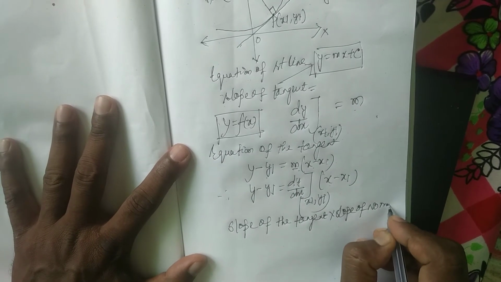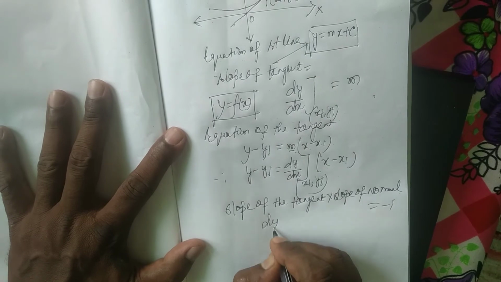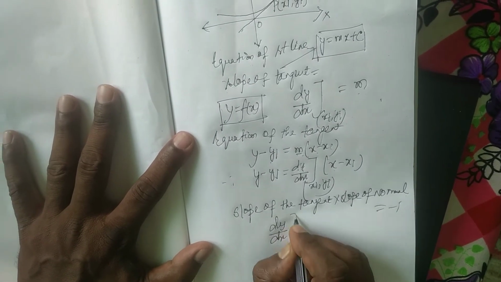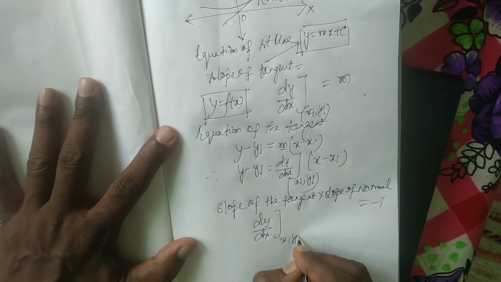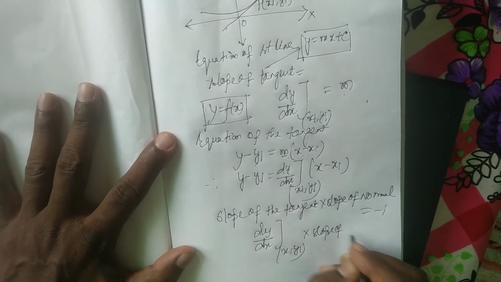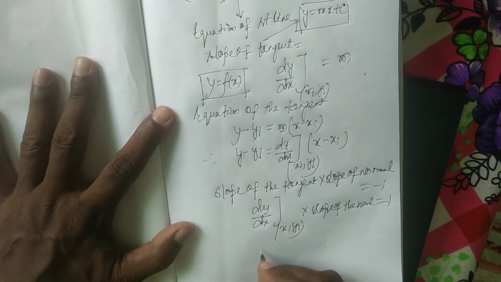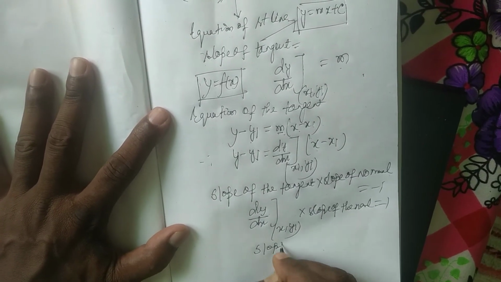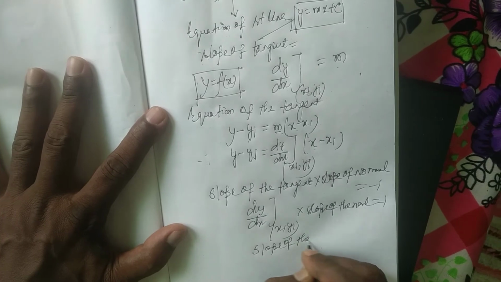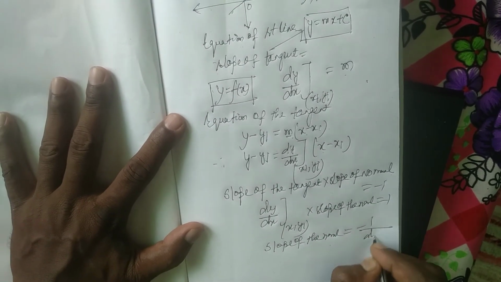We know the slope of the tangent is dy/dx at the point (x1, y1). Therefore, the slope of the normal is equal to -1 divided by dy/dx at the point (x1, y1).